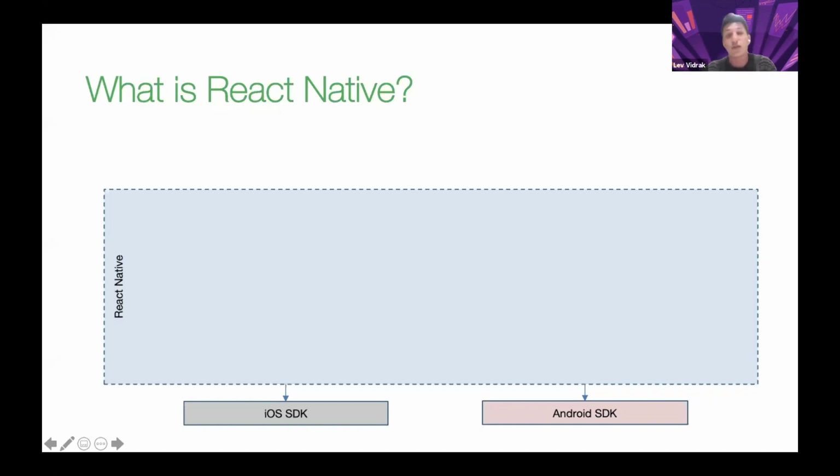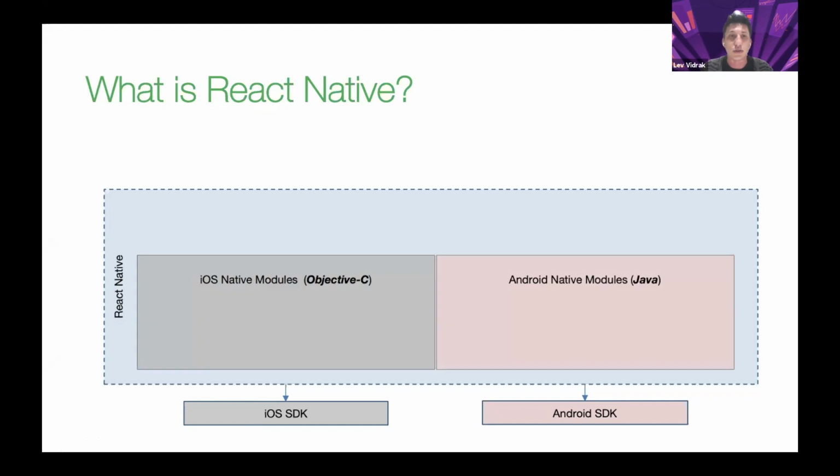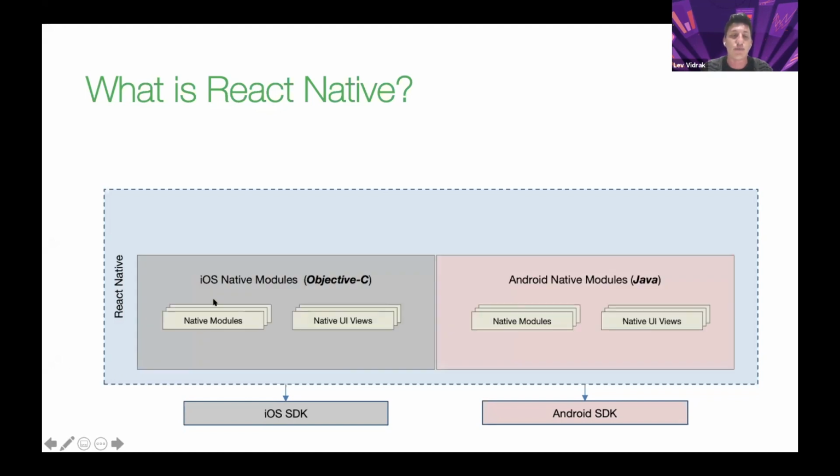Yep. Great. So React Native is a framework by Facebook, which enables us to build native mobile applications using JavaScript and React. And how it's actually built is, if we look at the React Native framework, it consists of two main layers. One layer is built with native code, with Java and Objective-C.